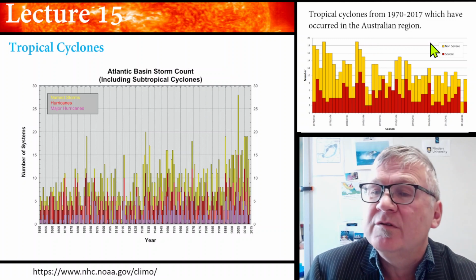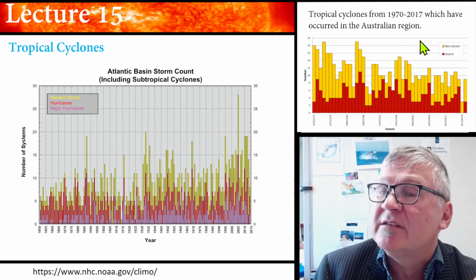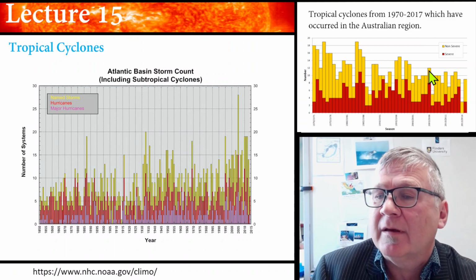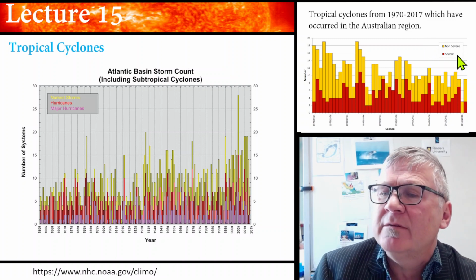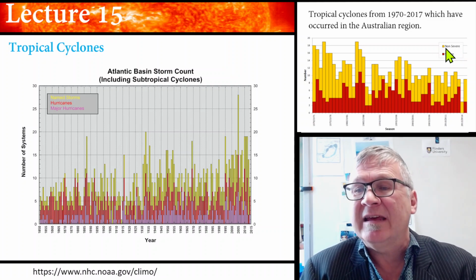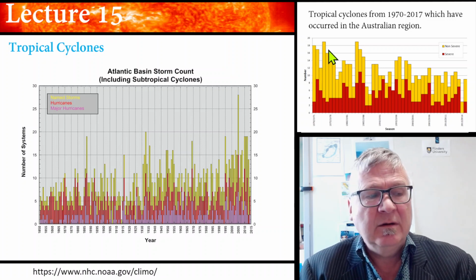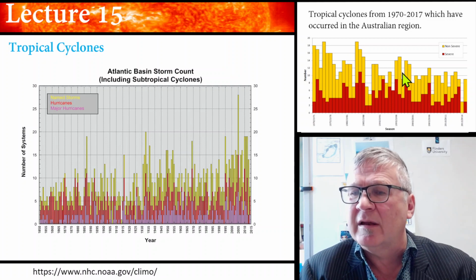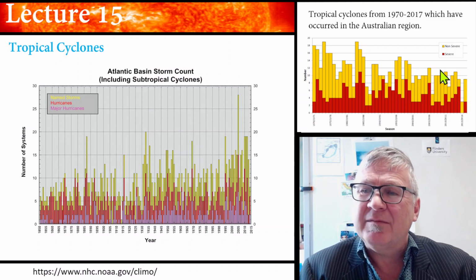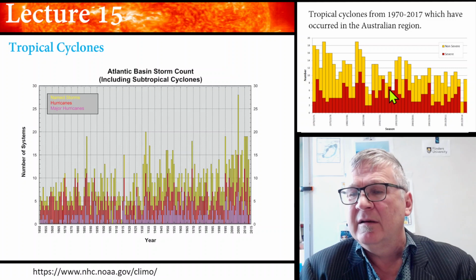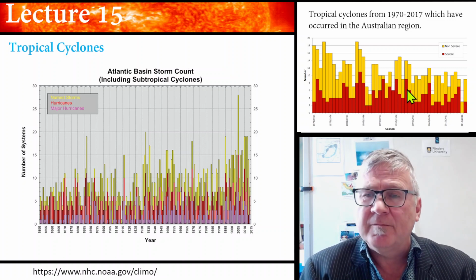But anyway, another example here. Tropical cyclones from 1970 to 2017 which have occurred in the Australian region. Severe are the red ones, not severe are the yellow ones. If you look at that, it looks like a downward trend going down the curve, so you get less. But tricky for the severe ones, again, you had a period where you had more severe, and then seems to be less severe.